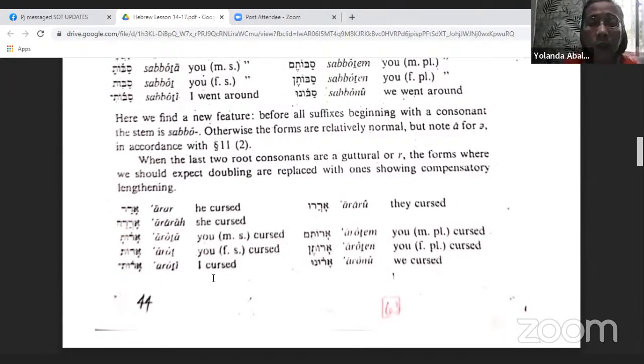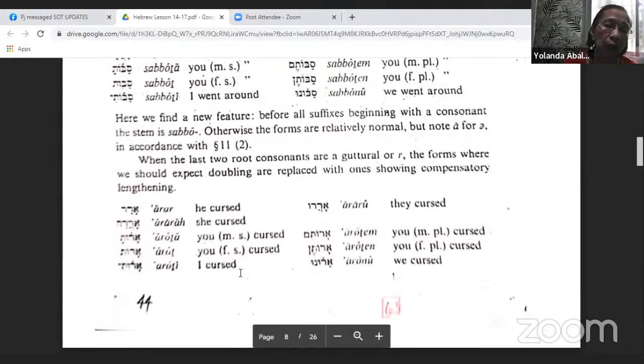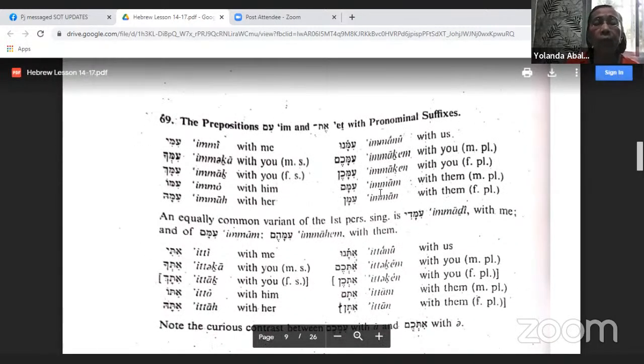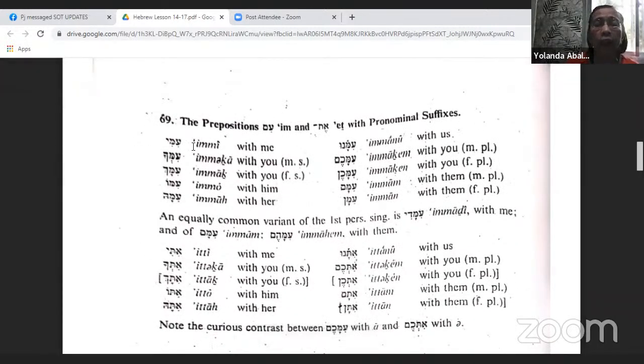The word curse: whoever is against you, whoever rejected you, whoever made you an enemy, whoever denied you, that is a curse. Okay. Next, we have the prepositions aim.